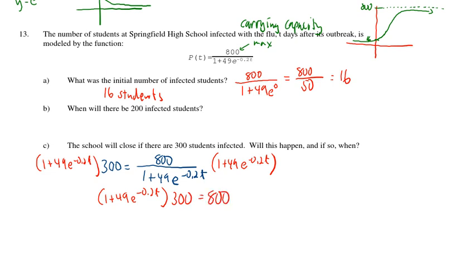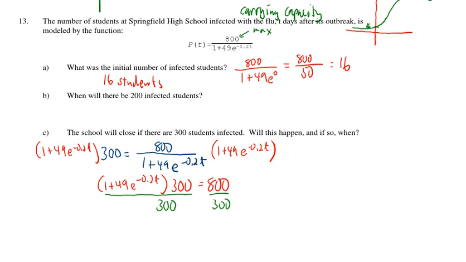What do you guys think would be easier to do? Distribute the 300 or divide by 300? Divide by 300. Okay. They both have their pros and cons. So I was going to do whichever one you guys suggested. But we're going with divide by 300.